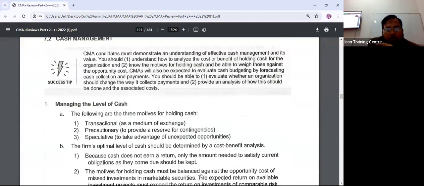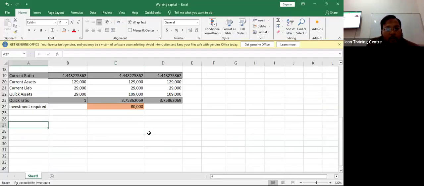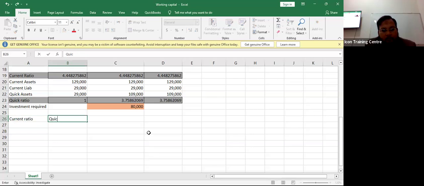Now you need to also remember that these are the ratios which you simultaneously need to analyze for your liquidity. First is current ratio, then quick ratio, then payable period, inventories period, and receivable period.